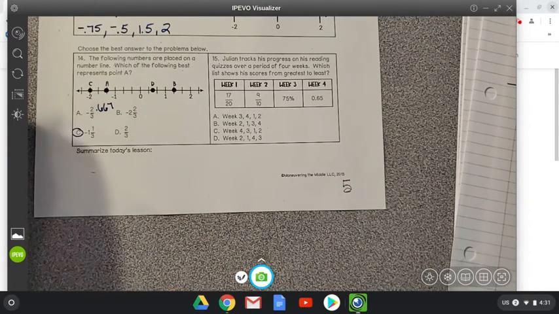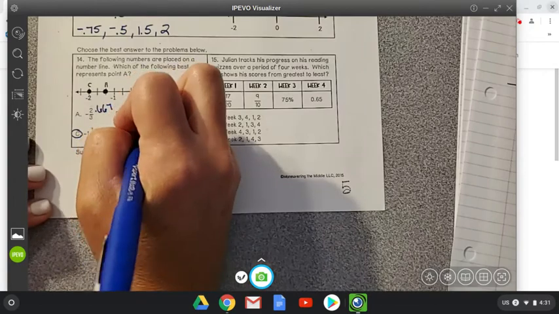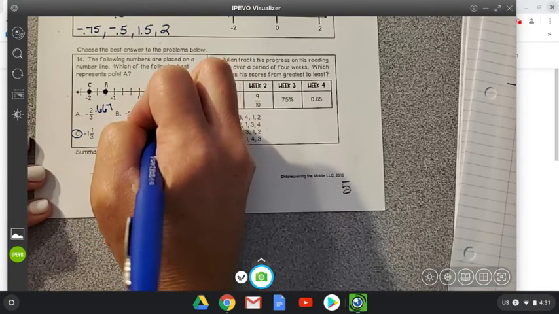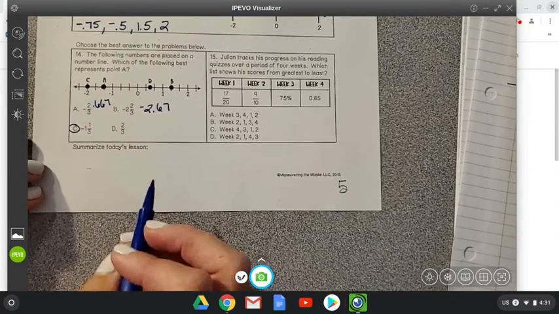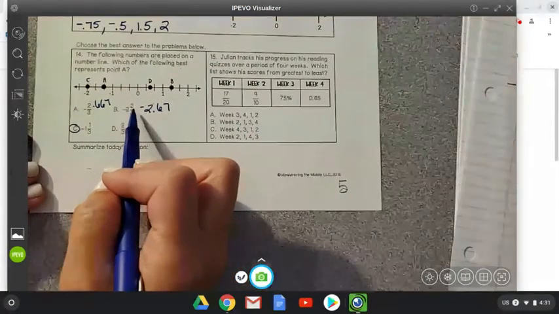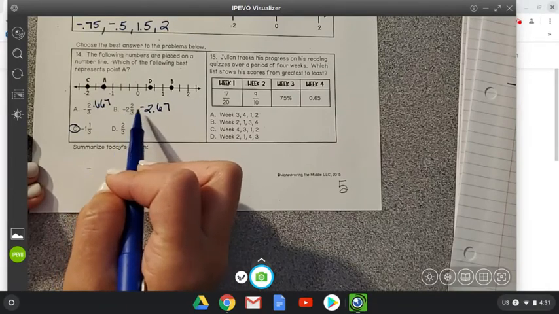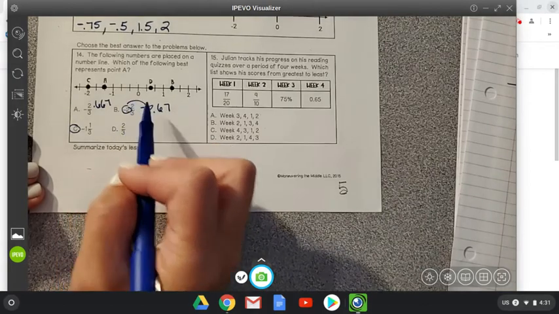If you take 2 divided by 3, that's going to give you -2 and 0.67. Okay, so all I did here was I took 2 and I divided it by 3. And so that is -2.67. I just brought the 2 over.